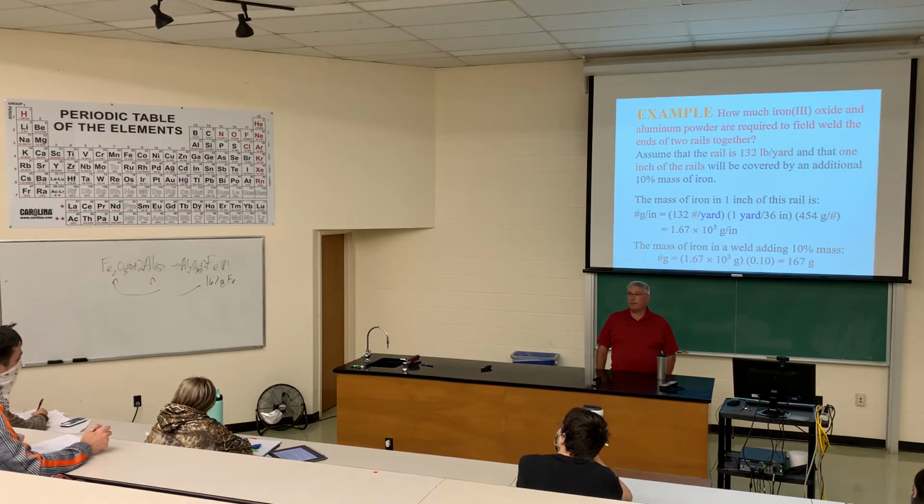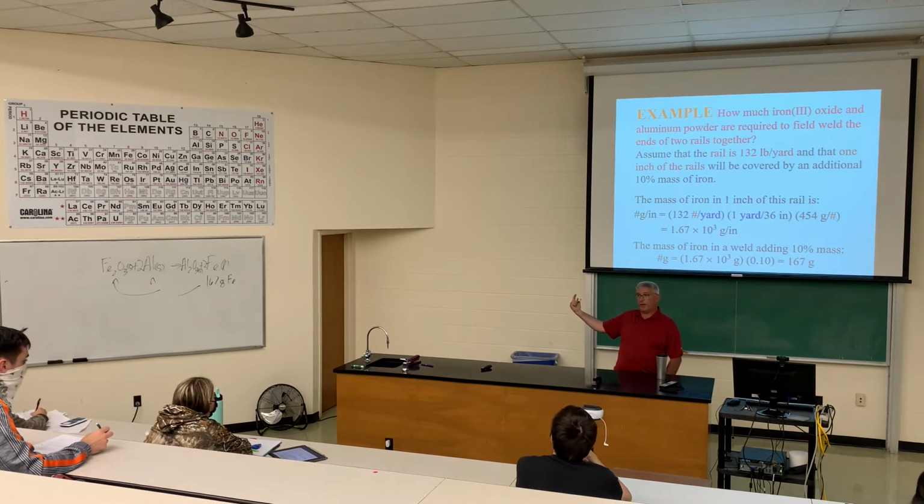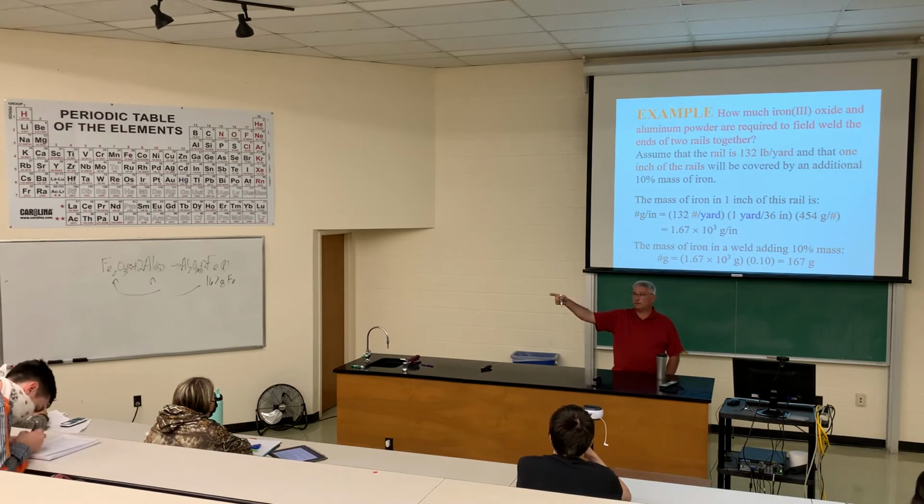Is this kind of what we've been doing? Yeah, instead of starting with the reactants, we're just starting on the product side and going the other direction. It's not any different. What's your strategy?